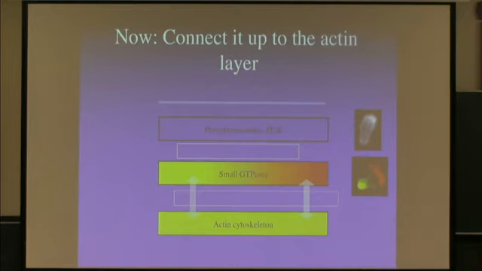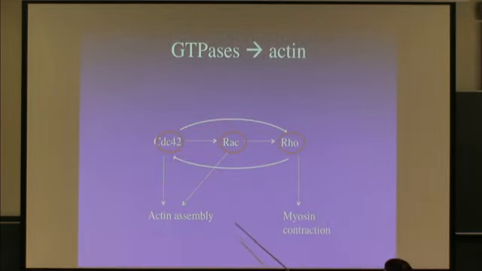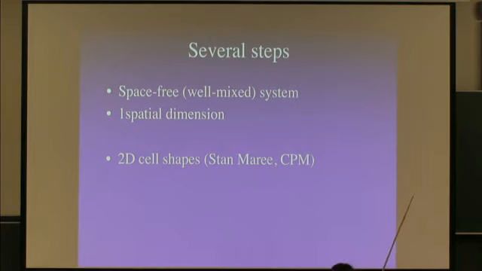Now let's see what happens when you hook both of these up together. You hook them up together by assuming that these two are responsible for actin assembly, and rho, again, is responsible for rear retraction through myosin contraction. Now, let me mention that, for the benefit of the young people, when we did this, we always go through a bunch of preparatory steps before we look at cell shapes.